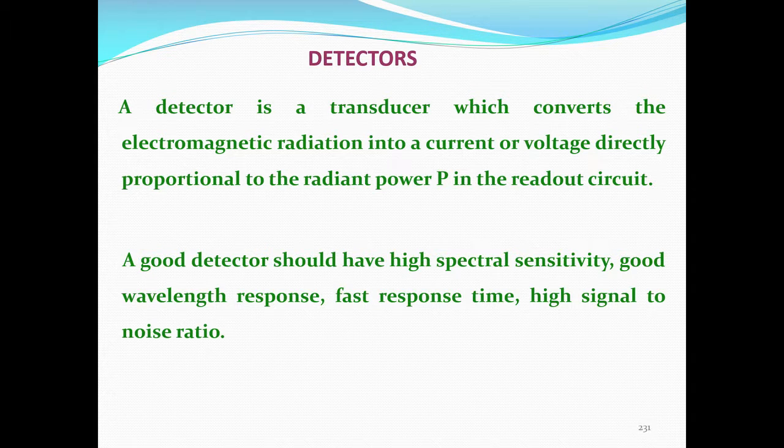The detector should be able to sense the change in wavelength and absorbance and then immediately record it. So, it should have good wavelength response and it must have fast response time. There should not be any lag between the measurement and the change, and that is known as response time.